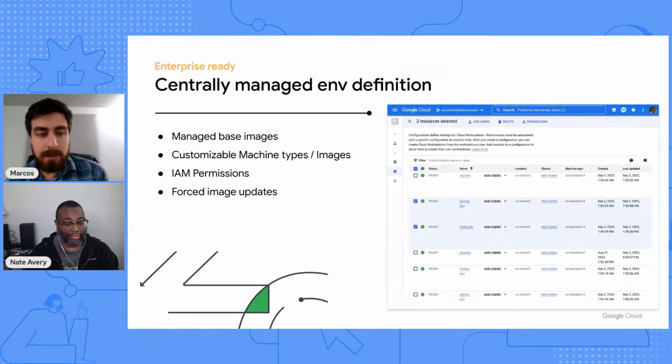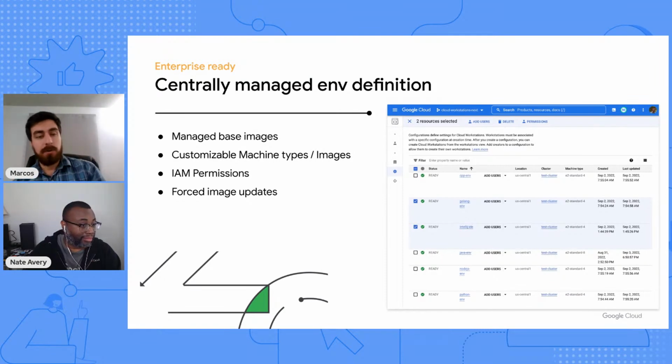Moving on, still on the enterprise readiness space, as I mentioned before, those environments are consistent. One thing we do to simplify fleet management is allowing central management of development environments. As an administrator, you can go to a page where you get a single view showing all the different configurations you have.